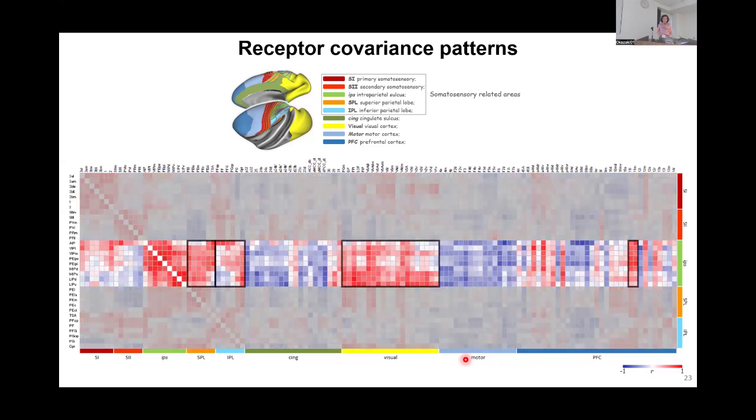Whereas areas, for example, of the secondary somatosensory cortex showed consistent correlations with the superior parietal lobe and with the posterior portion of the inferior parietal lobe, okay, as well as with most visual areas and with prefrontal area 11.